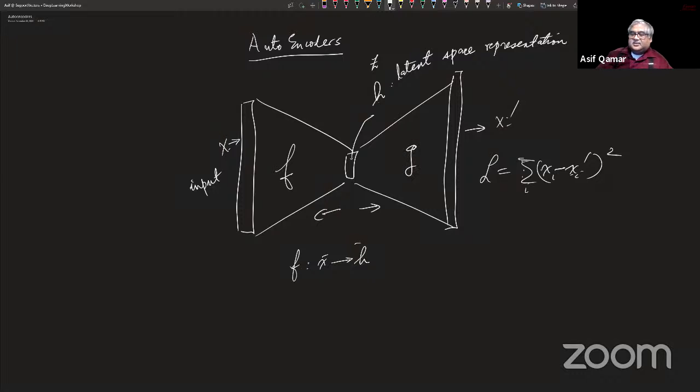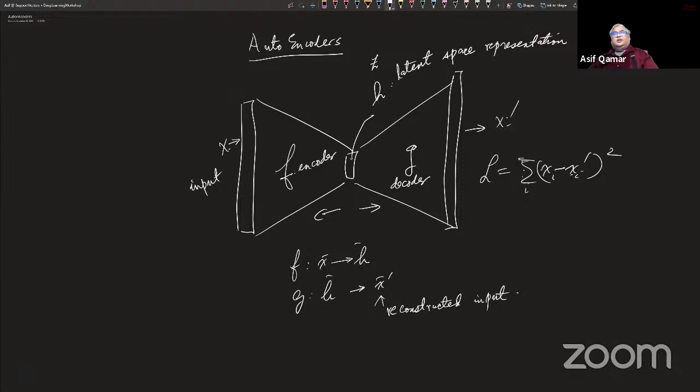This is the encoder function. This is the decoder function, G, such that you go from a hidden representation back to X prime. So this is the reconstructed input. This is your basic autoencoder.